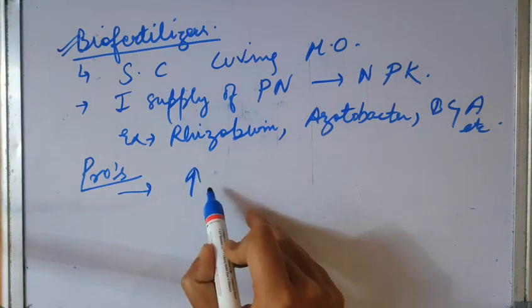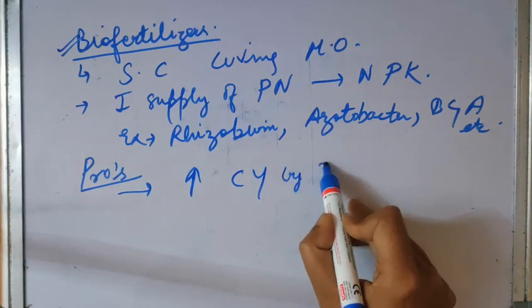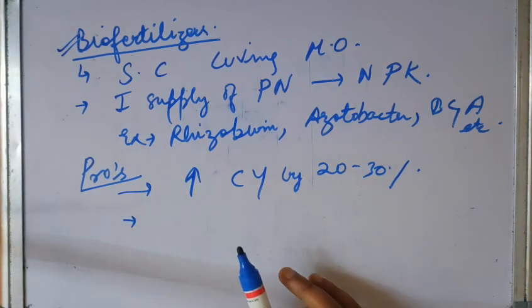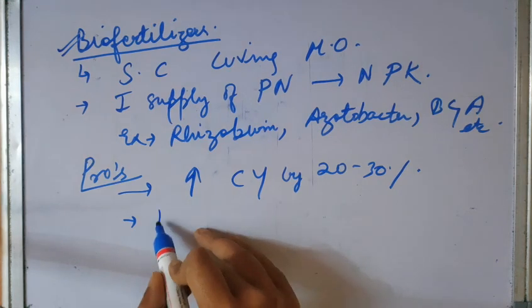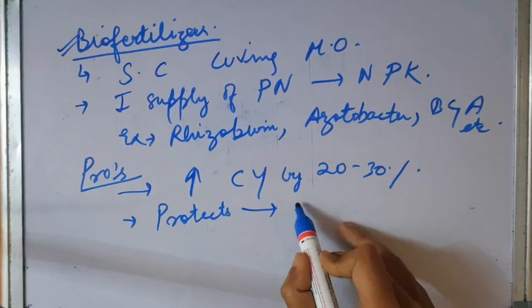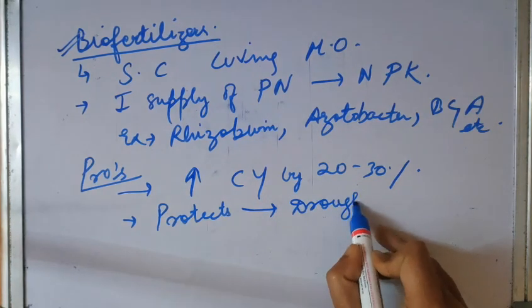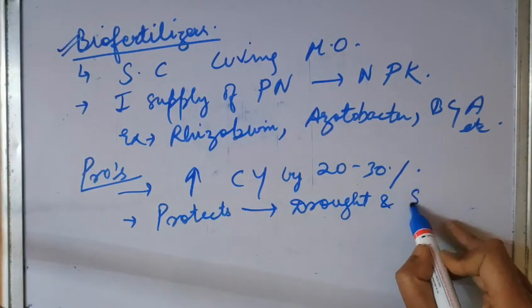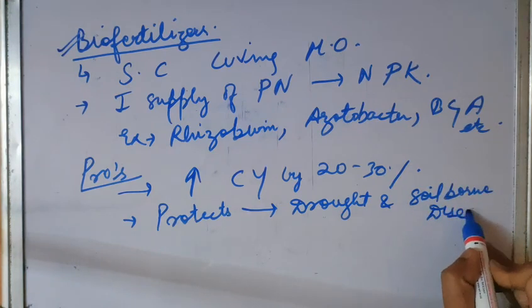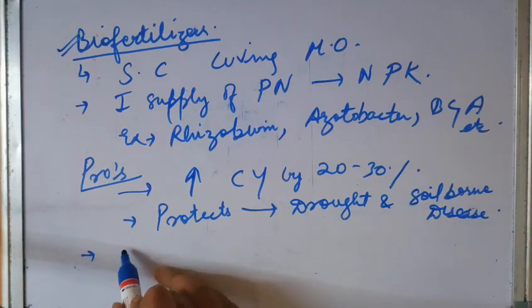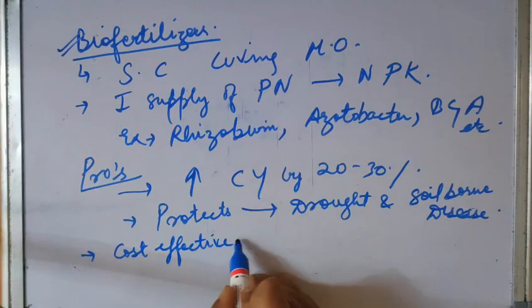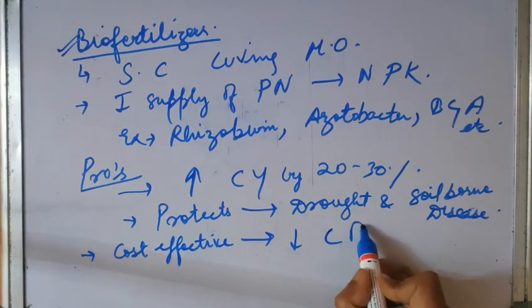What are the pros of biofertilizer? It increases crop yield by 20 to 30%. Protects crop against drought and soil-borne diseases. Cost effective, its cost is lower than chemical fertilizers.